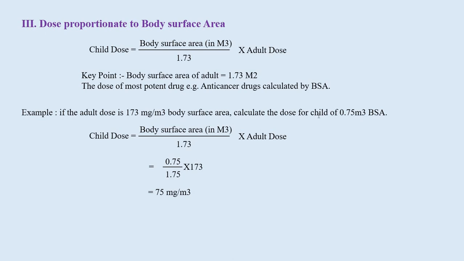Calculate the dose for a child of 0.75 meter cube body surface area. After putting the values in the formula, it is 0.75 divided by 1.73 into 173, which is equal to 75 mg.